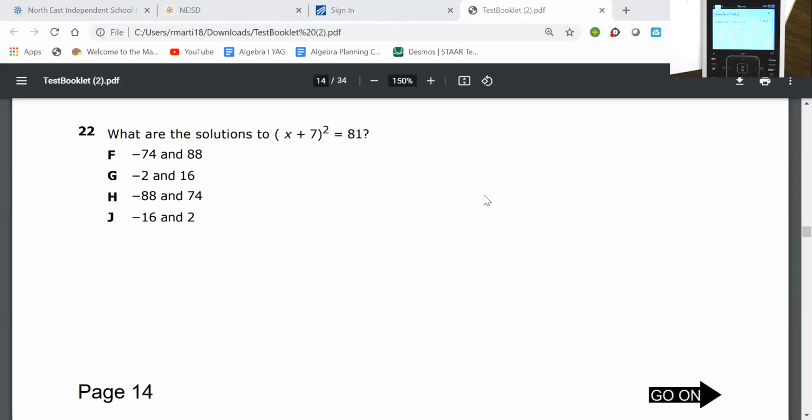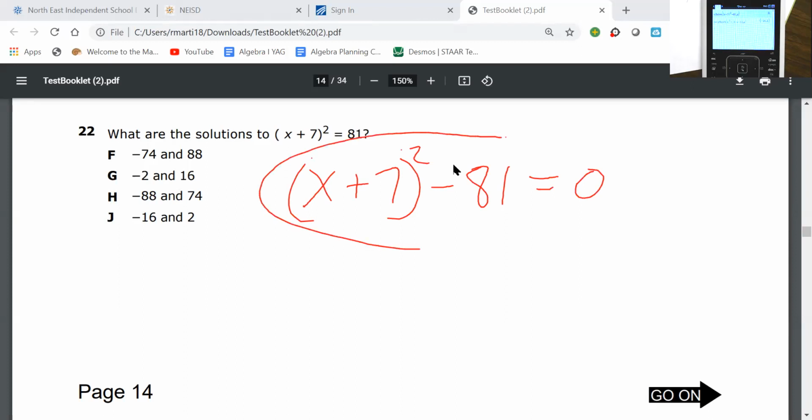One other way you could do this, and I won't show it in the calculator because I don't need to, is you subtract the 81, except leave the x plus 7 squared like it is. Subtract 81 from both sides, and then you go into the graphing mode in the calculator and just put this in where the function is, and then look at it.